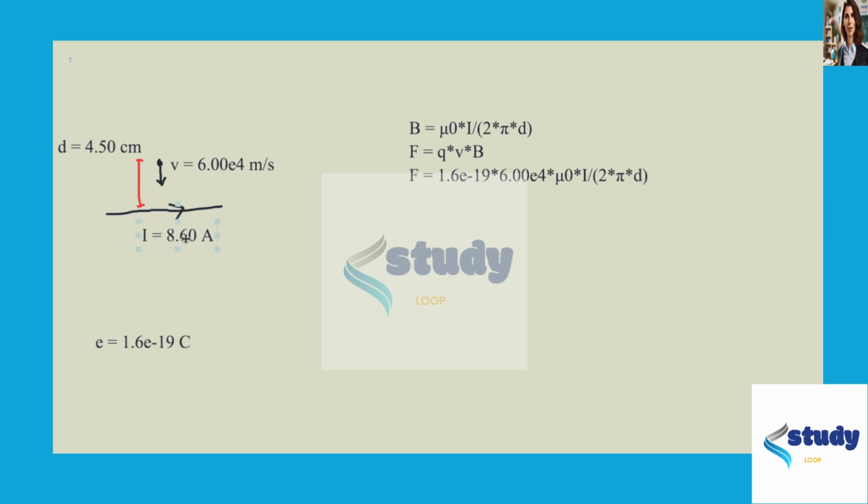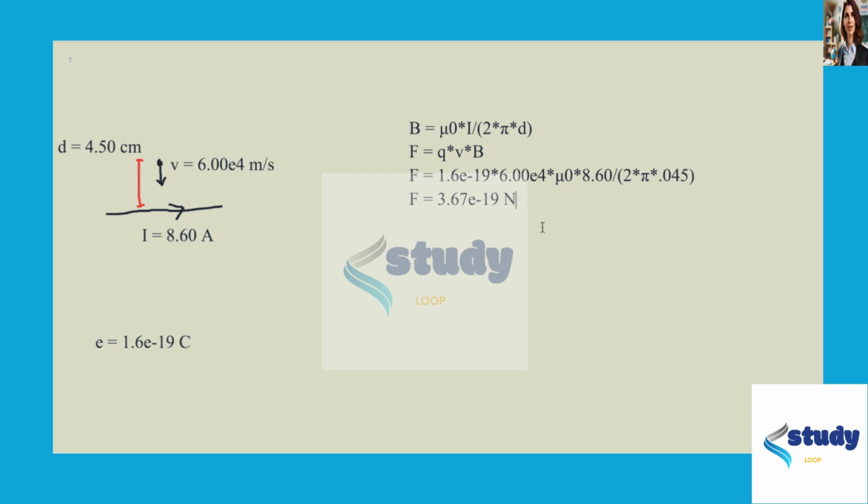We can plug in I is 8.6. And then remember, we have to convert everything to SI units. So this is 4.5 centimeters, this distance, but converting that to meters is going to be 0.045 meters. So plugging this in, we should get a result that is 3.67 times 10 to the minus 19 newtons, because this is a force.